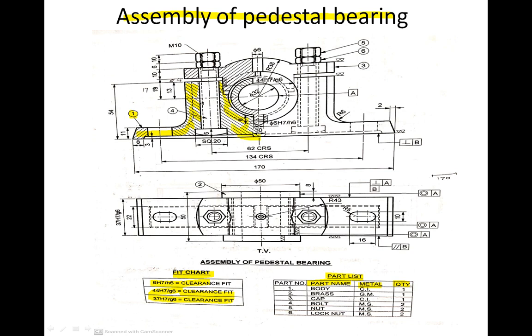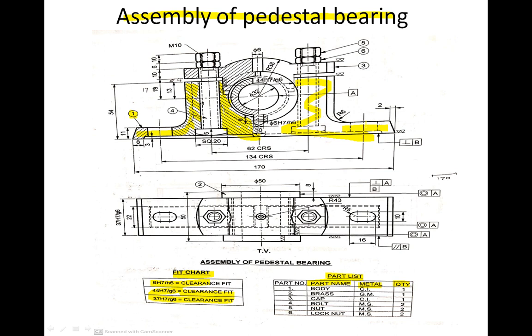A half section is taken, that is, the half sectional view of the body is given. This is the half sectional front view, because this part is symmetric, that's why the half sectional view is taken. So this part is the main part, the body.